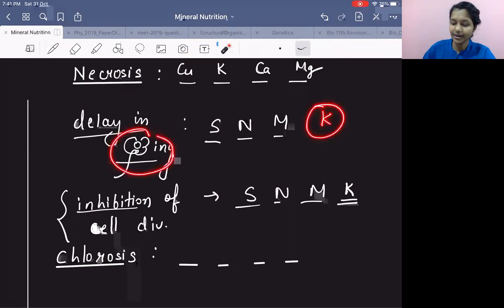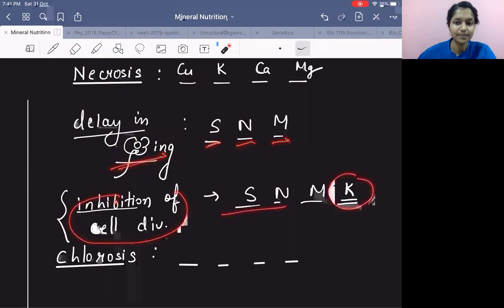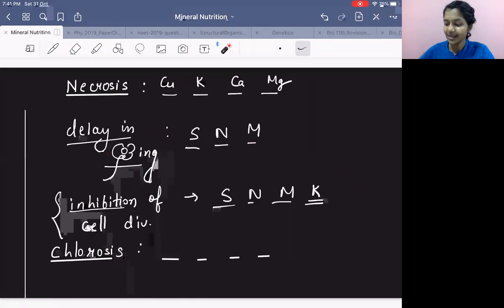The word which already has flower will not have what? Kamal. K for Kamal. The word which has flowering already will have only Sri Narendra Modi. It will not have flower Kamal. The other one will have what? Flower as well.